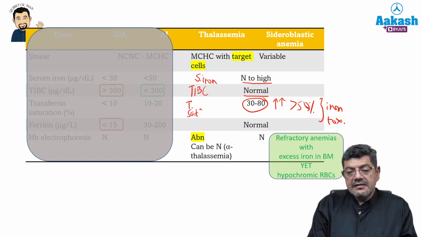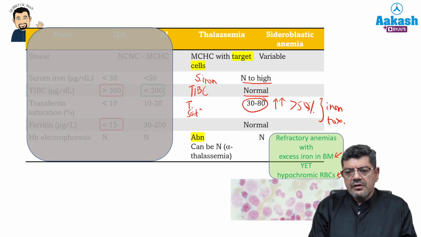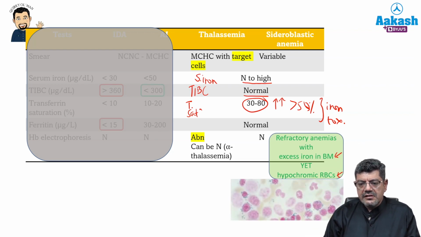And sideroblastic anemias are refractory anemias. So that means they won't respond to hematinic therapy. They won't respond to iron. They have an excess of iron in the bone marrow, but still nevertheless have hypochromic RBCs. When you get that combination, how do you know there's an excess of iron in the bone marrow? When you do a bone marrow stain, you'll see these cells here are sideroblasts, and they're loaded with iron.